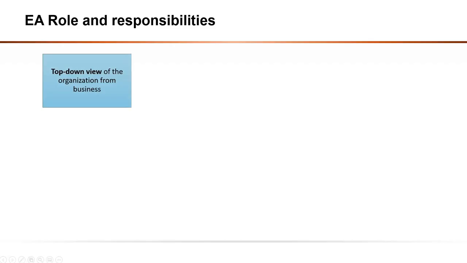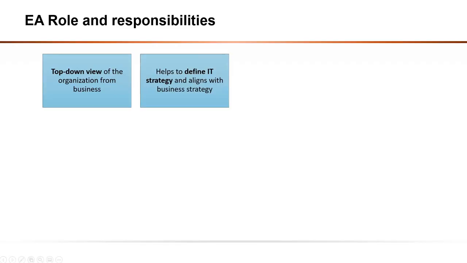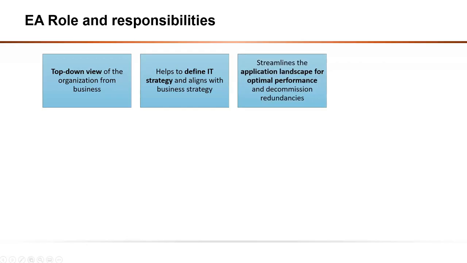Yes, a top-down view of the organization from a business point of view, and it helps to define IT strategy and aligns with the business strategy, and streamlines the application landscape for optimal performance and decommissions redundancies, and bridges governance to management, because we have seen governance is to have this alignment and ensure the value is delivered to the business.